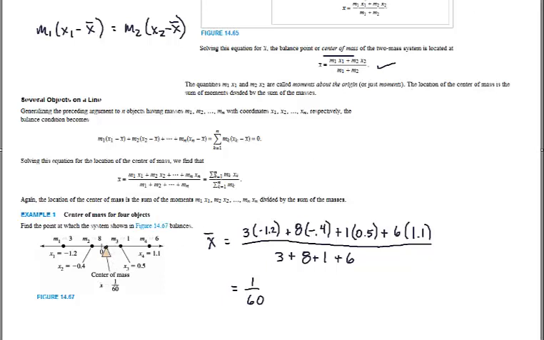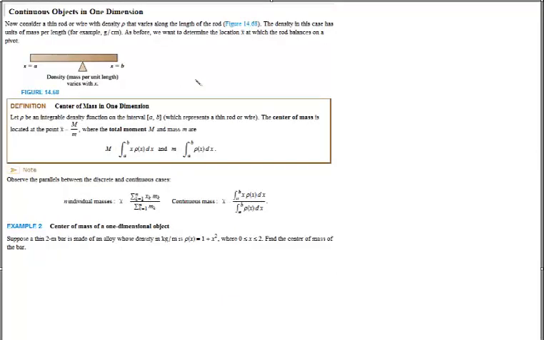Alright. Now we're going to look at center of mass where the density is changing as we go along the x. So we're going to have a density equation to deal with, and that's going to change this center of mass.